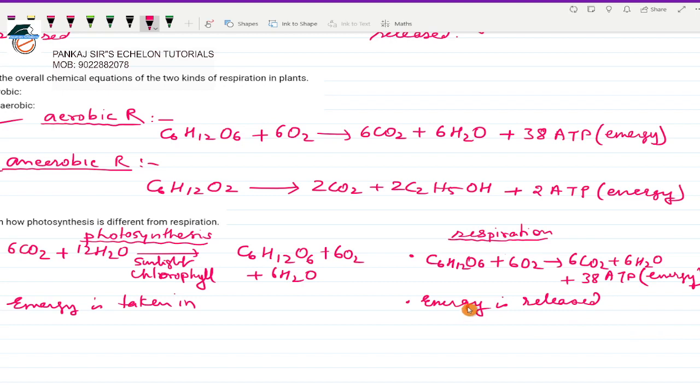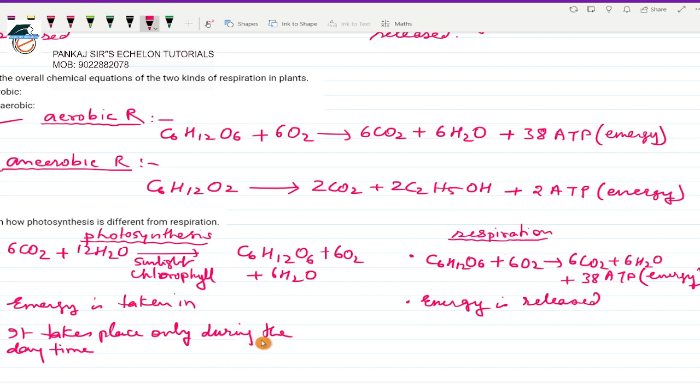Then the next point is, photosynthesis can take place only in the presence of sunlight, so it happens only during the daytime, because sunlight is very much needed.